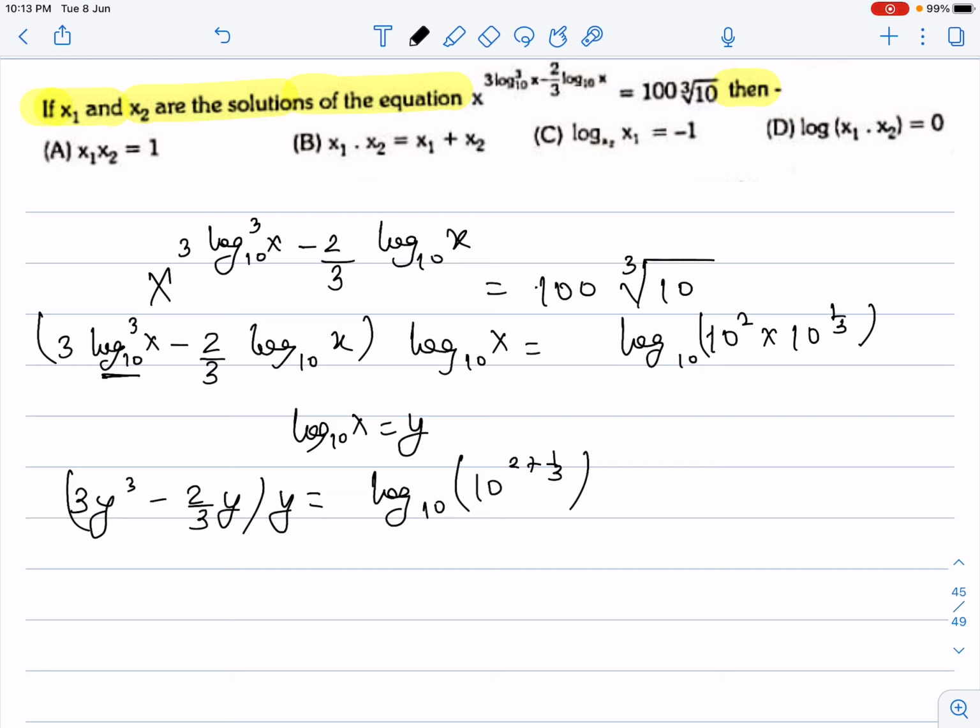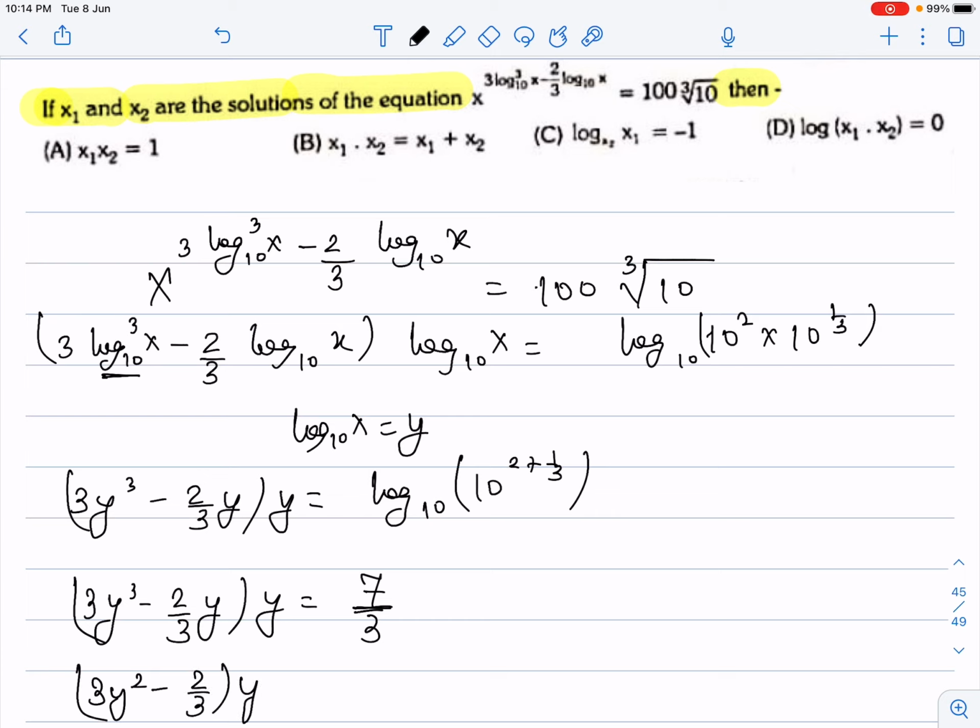Now proceeding further, let's see what can be done. 3y cube minus 2 by 3 y multiplied by y is equal to 7 by 3. Hope you got my point. Now y will be taken common, so we write 3y square minus 2 by 3 and y square is equal to 7 by 3.